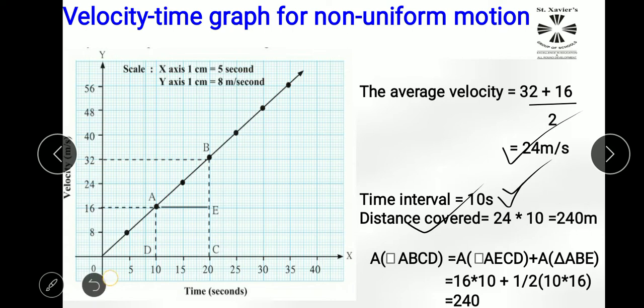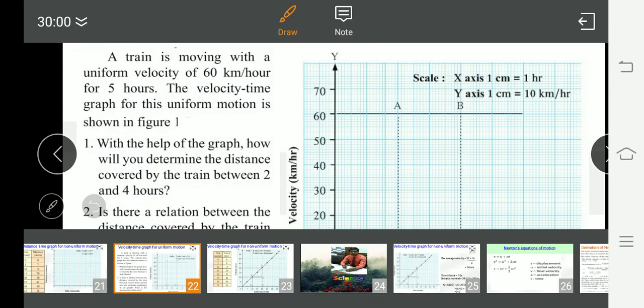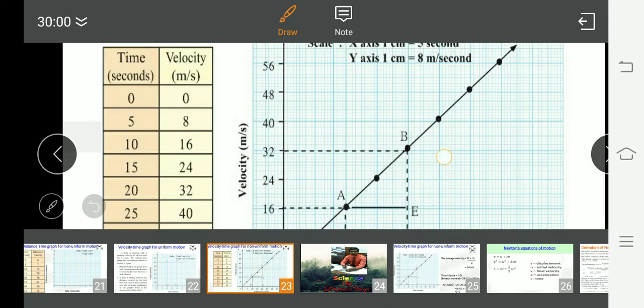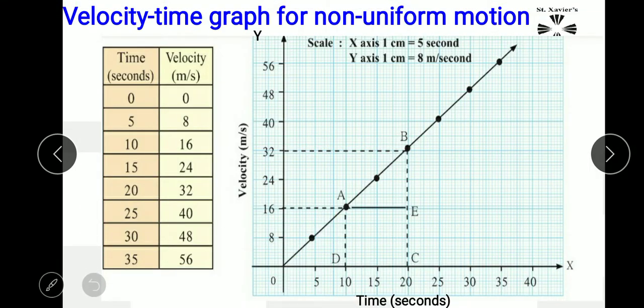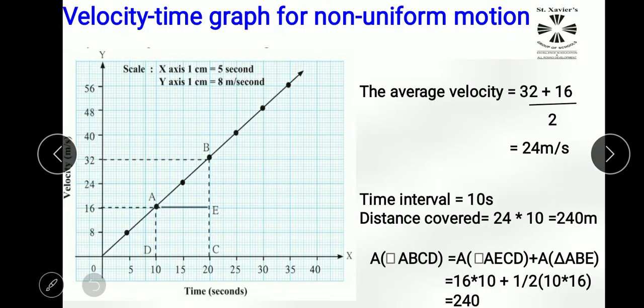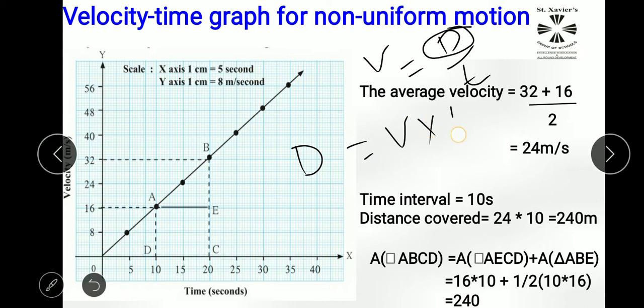This is the normal way we are using the formula. Here, students, we did it with the help of the formula. We knew that velocity is equal to distance upon time, so to calculate distance we use the formula distance is equal to velocity into time.